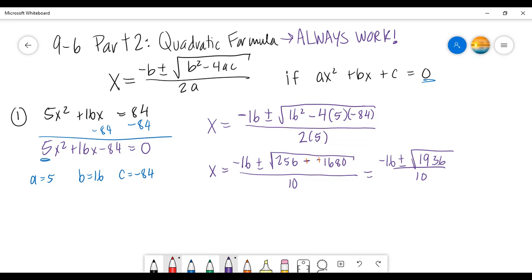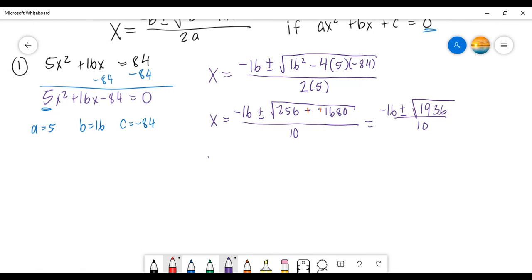Our next step would be to take the square root of 1936, and we're going to find that that's exactly 44. So we will have x equals negative 16 plus or minus 44 over 10.